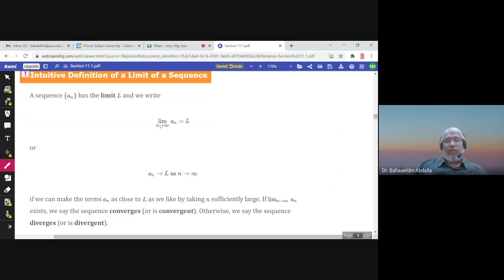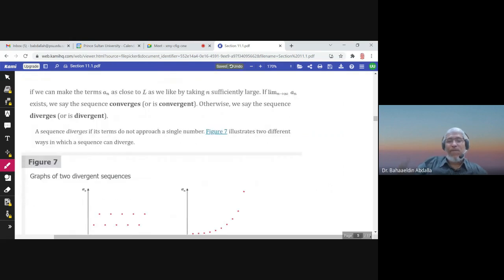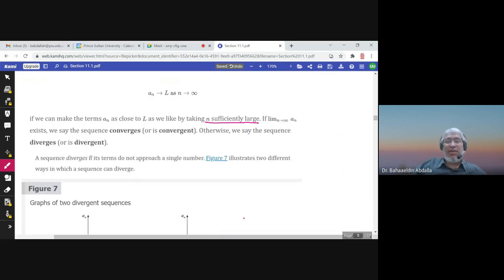So limit an equals L as n approaches infinity. We write this if the sequence an has the limit L. If we take n sufficiently large, 10,000, 100,000, then the terms of the sequence will come very close to L, because L is the limit of the sequence.